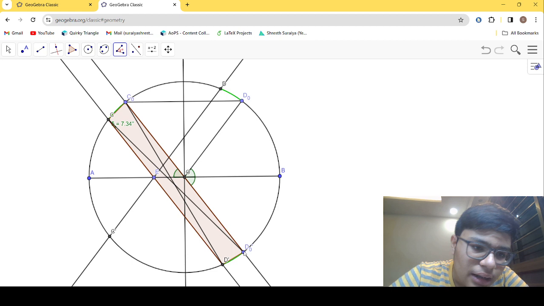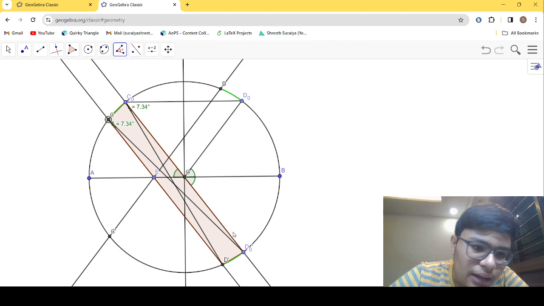And D naught dash, so that angle right there is also 7.34 degrees, and that basically is true.